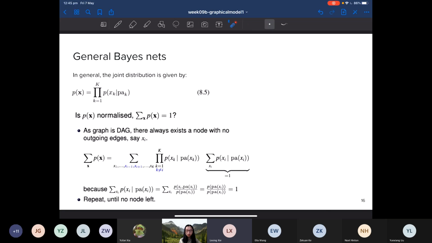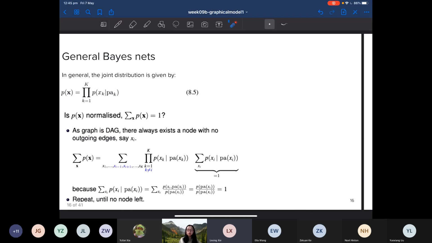We can find an order of the nodes, from low to high, such that if we sum over the high number nodes first, each of these terms will just normalize to 1, until we essentially sum over all of the x's. We repeat the summation process until none are left. Then we can show that P of X is normalized.